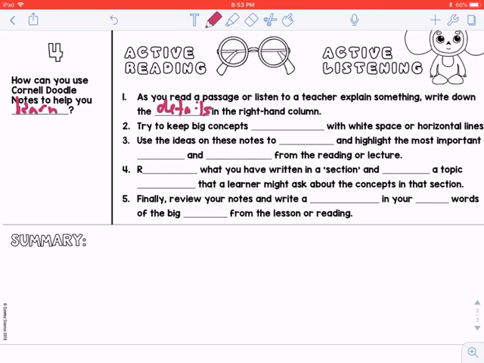Try to keep big concepts separated with white space or horizontal lines. Use the ideas on these notes to connect and highlight the most important words and concepts from the reading or lecture.